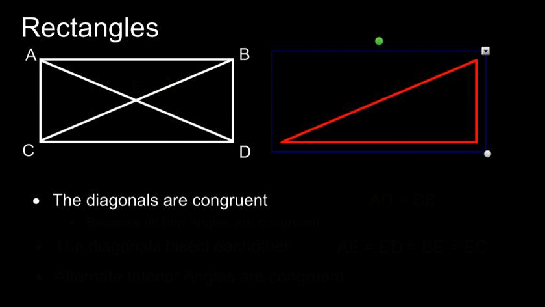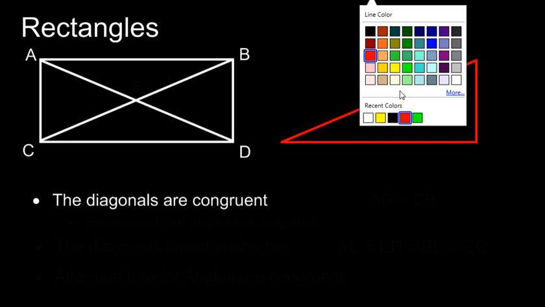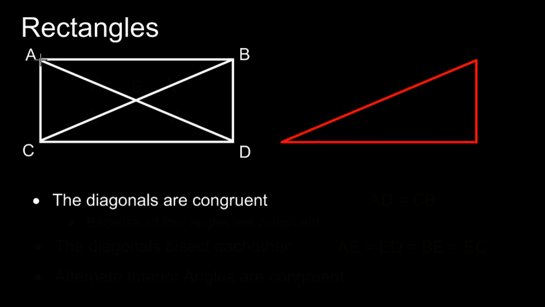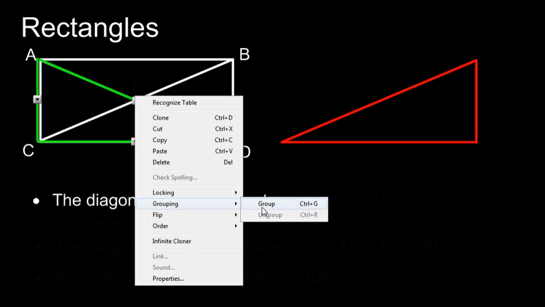And then I'm going to make another one with the other diagonal, ADC. And we'll group that one together as well so you can see that relationship they have here.